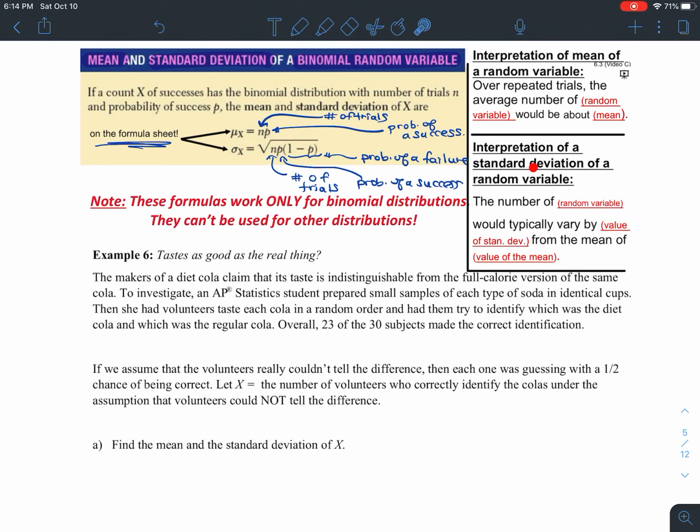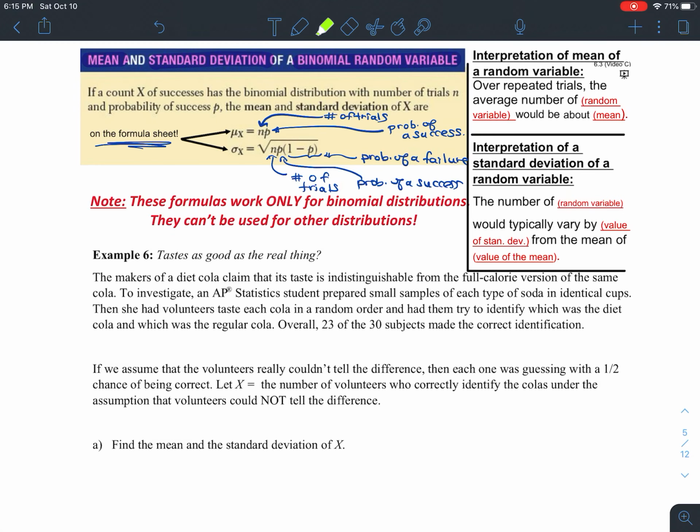In terms of the interpretation for the standard deviation of a random variable, okay, you'll notice this really follows a lot of the format of how we describe just a standard deviation in general. The number of, and then you fill in the context of your random variable, would typically vary by, then you would put the value of the standard deviation there from the mean of, and then you'd put the value of the mean. Okay.